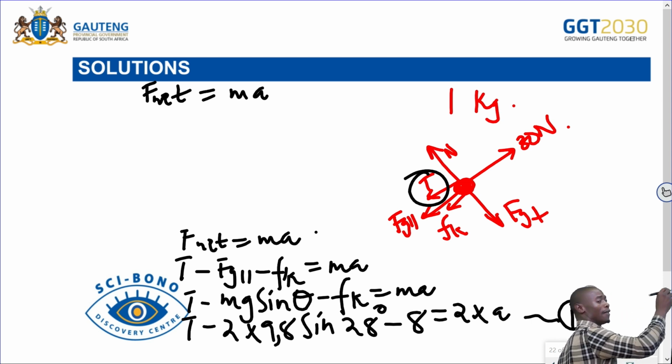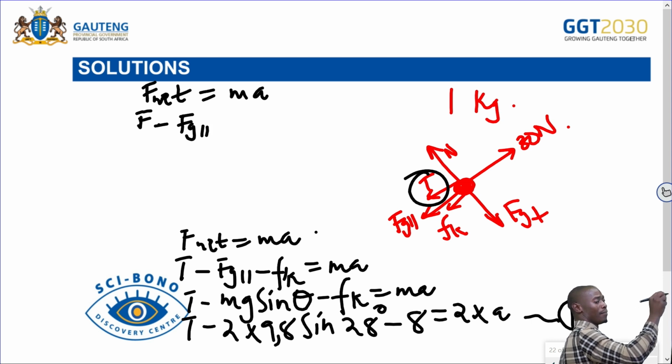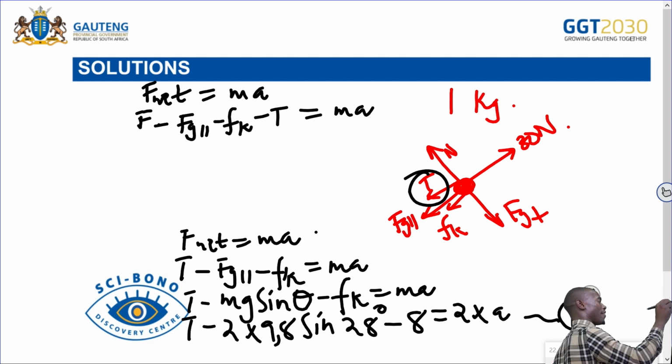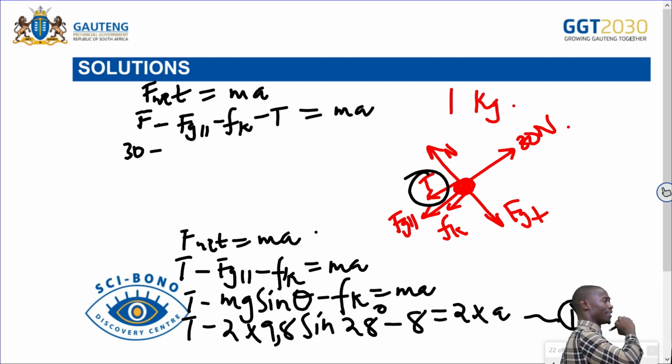So it will be the F, which is 30, minus FG parallel, minus FK, minus tension, equals MA.